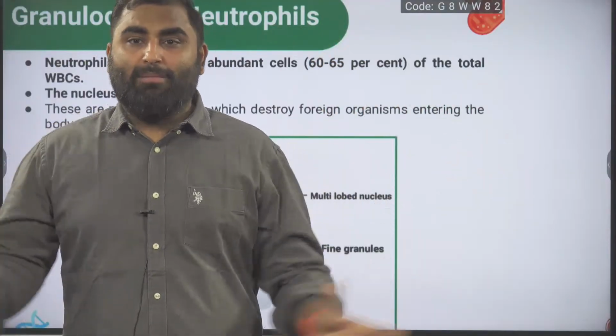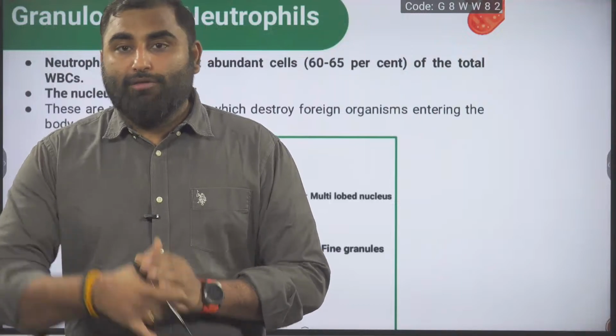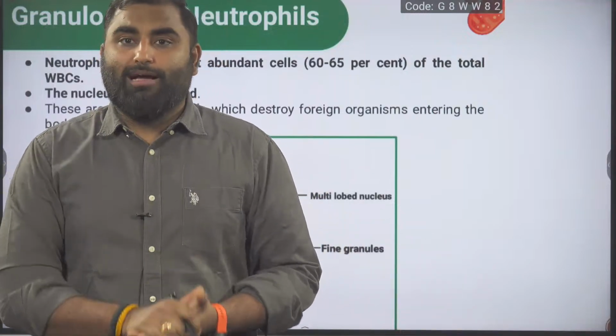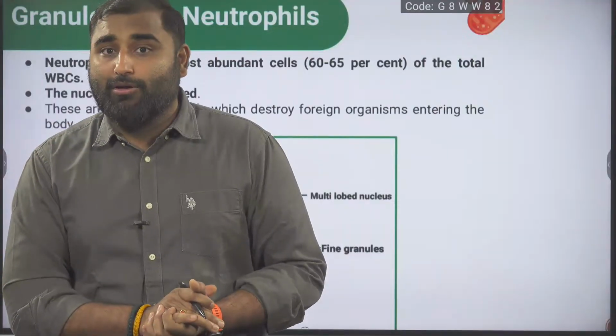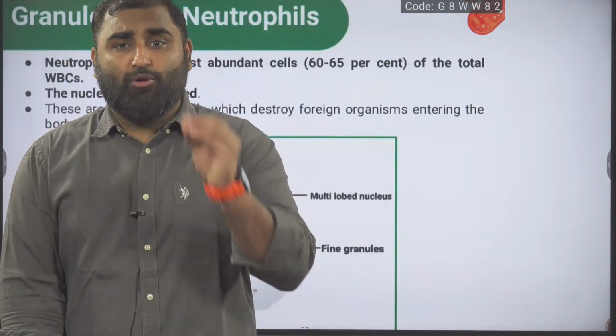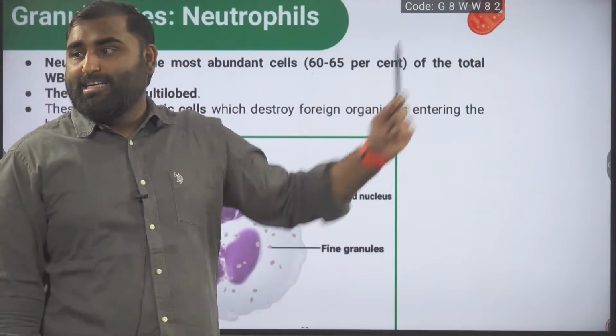Like if some crime happens in our community, we call the police and some police comes quickly with the van. Similarly, for any injury or infection in your body, the most common WBC to report at that site will be neutrophils, because they are the most abundant cells.